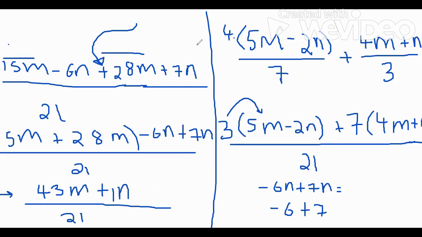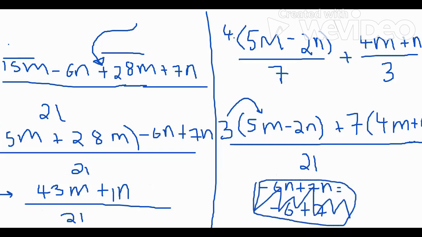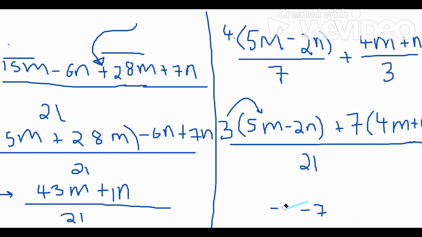All right. Any questions? What is this one? I answer negative 6n plus 7n. No, man. This. I was just working this out for you. Rub it out, sir. Sir, you said the answer is what now? 43m plus 1n over 21.